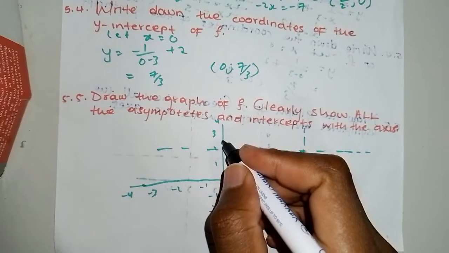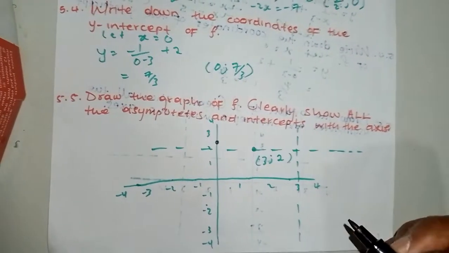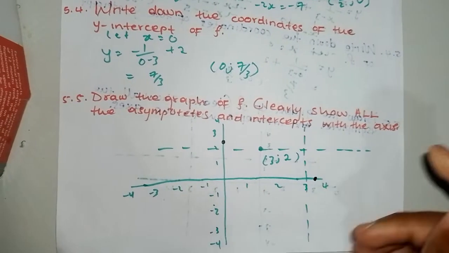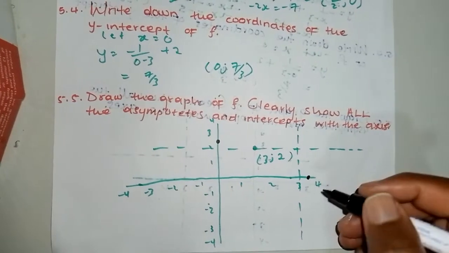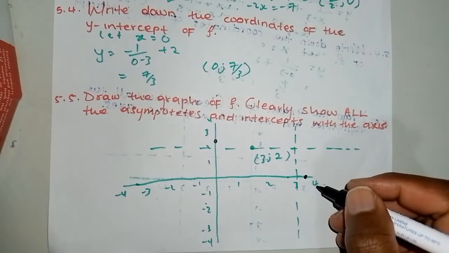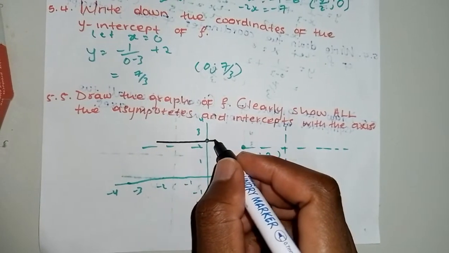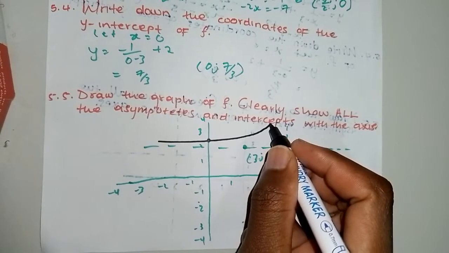This is the y-intercept that I have. My x-intercept is somewhere here, because remember what you got, 7 over 2, which is 3.5, between 4 and 3. Then draw your graph. It's going to be something of that nature.